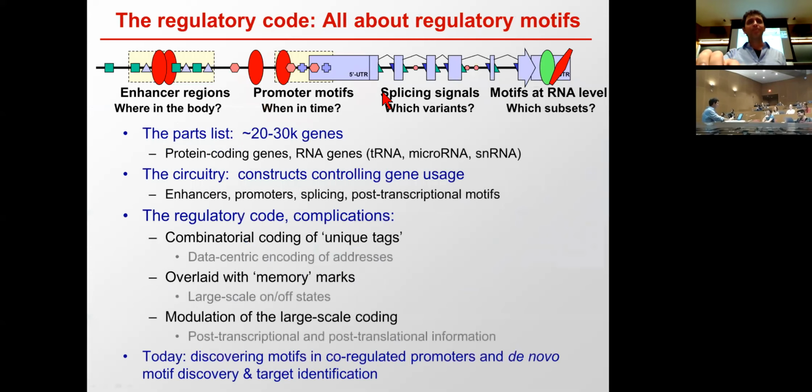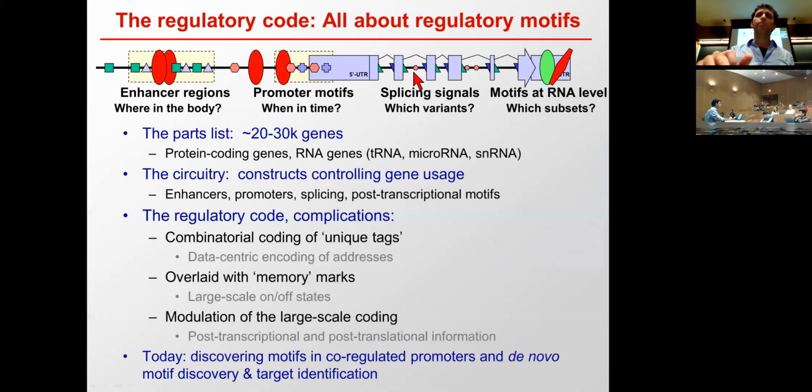All right. So the regulatory code is all about finding where these motifs are and how they function, and where the corresponding regulatory regions that they define are and how they function. And motifs are everywhere. Motifs can be right where the transcription start site is, recruiting the specific location where RNA polymerase will start transcribing DNA into mRNA.